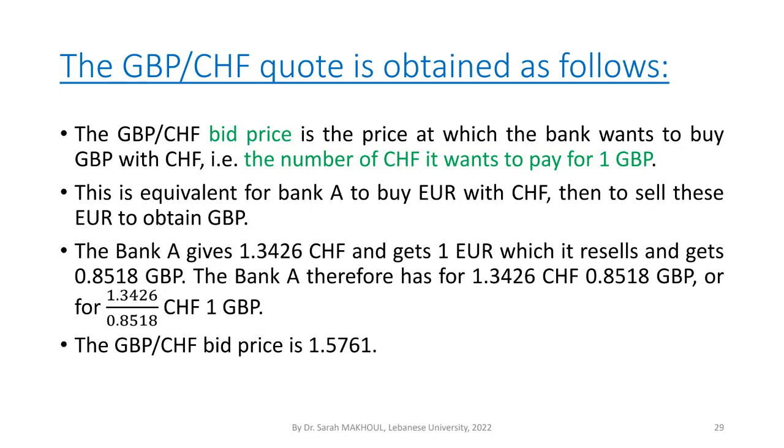So bank A has to give 1.3426 Swiss francs to get 0.8518 English pound, and that's why the English pound against the Swiss franc in bid price is 1.5761 per single pound.